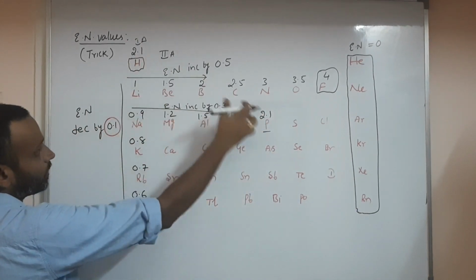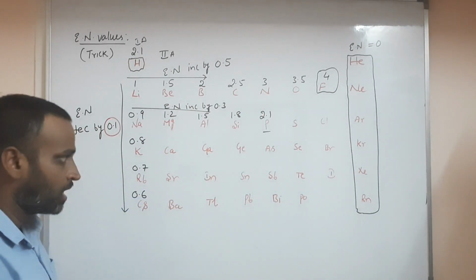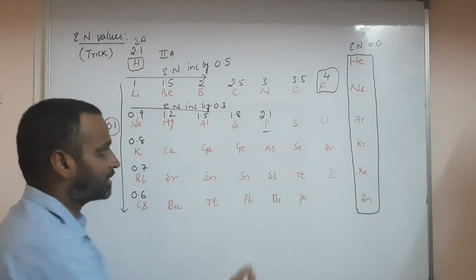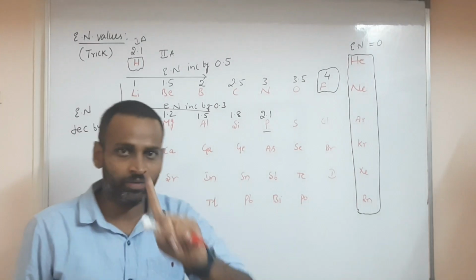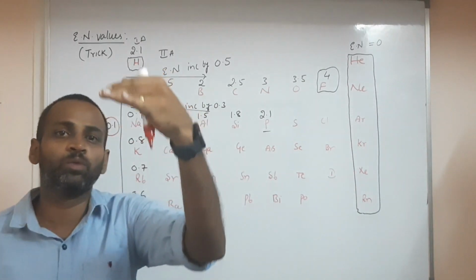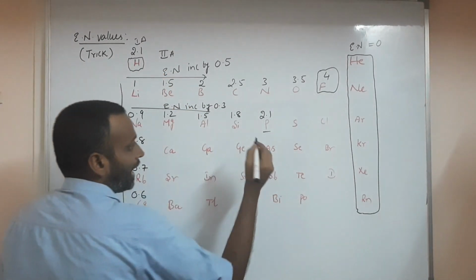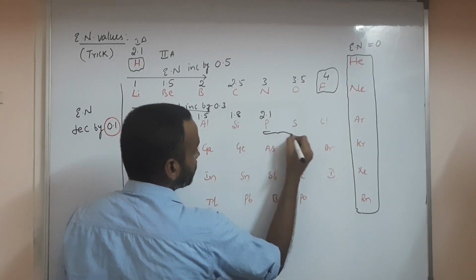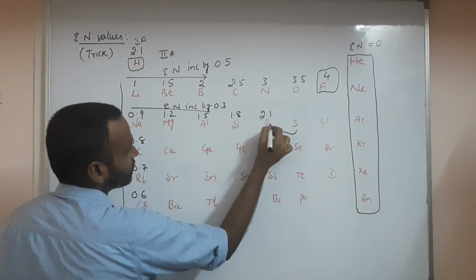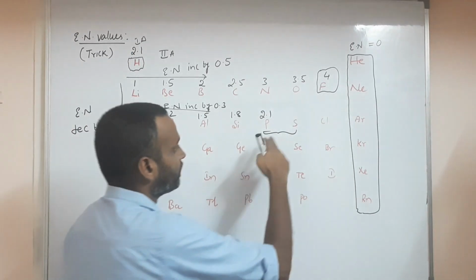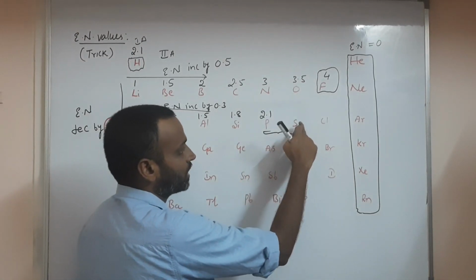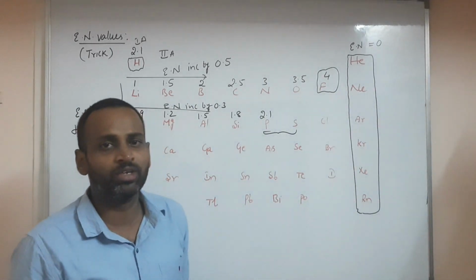See, hydrogen is 2.1 and phosphorus is 2.1, almost the same, but phosphorus is 2.12 something. When two elements have similar electronegativity, the bottom element has somewhat more. Till phosphorus you increase by 0.3, but from here to here you increase by 0.4, and from here to here by 0.5.